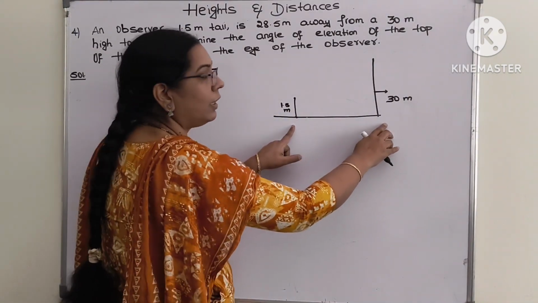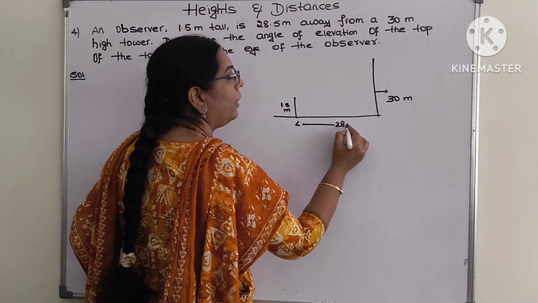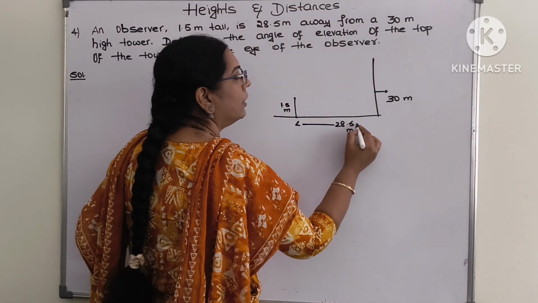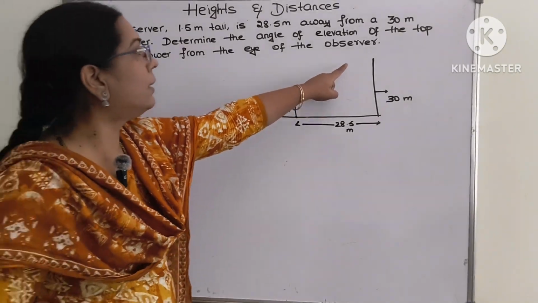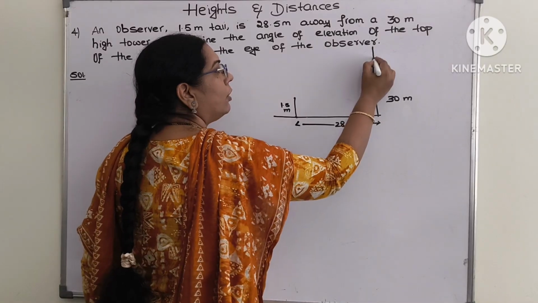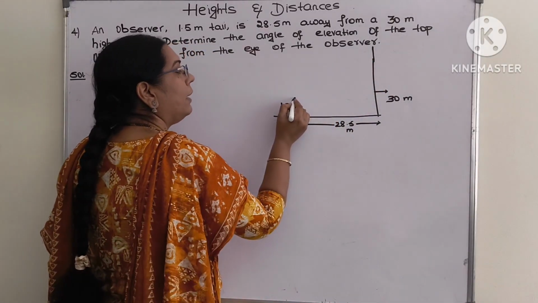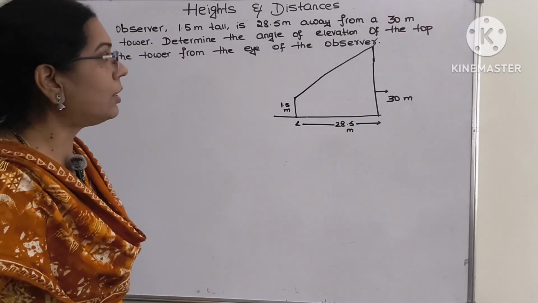The distance between the tower and the observer, how much is it? It is 28.5 meters. Now, naturally, when the person looks up at the top, he will get an angle of elevation. Let me draw a little taller. Yes, he will get an angle of elevation. This will be the angle of elevation.